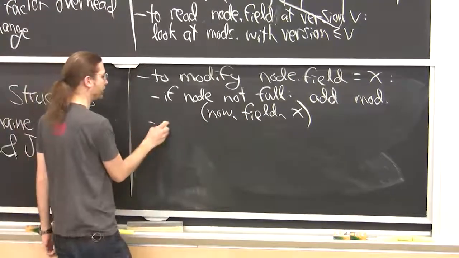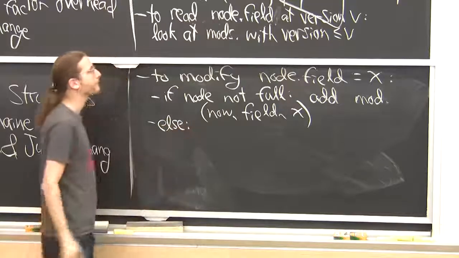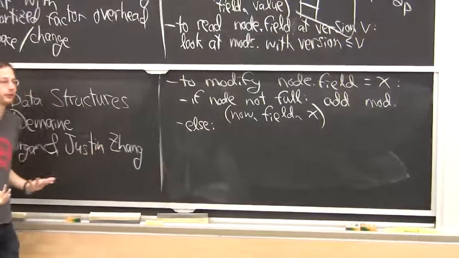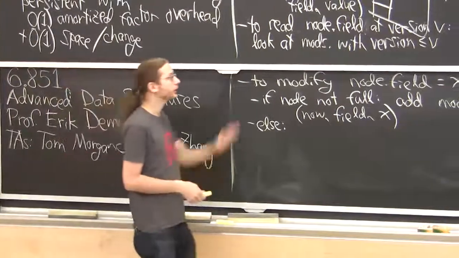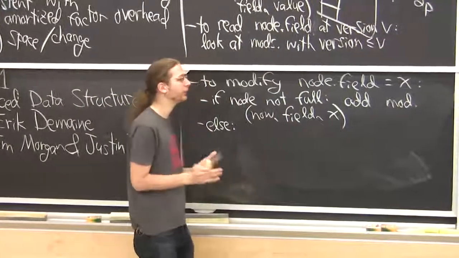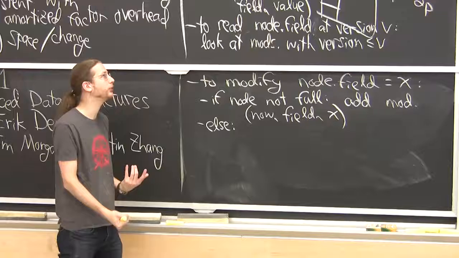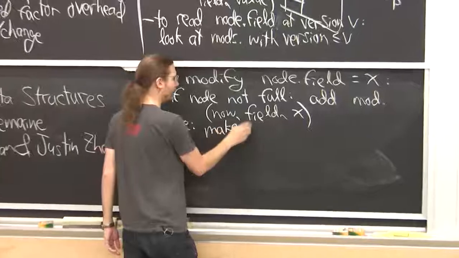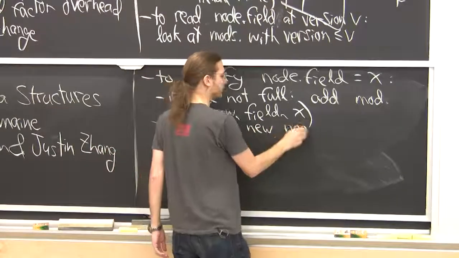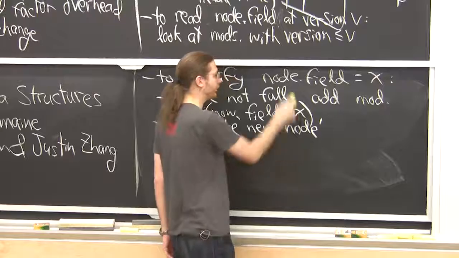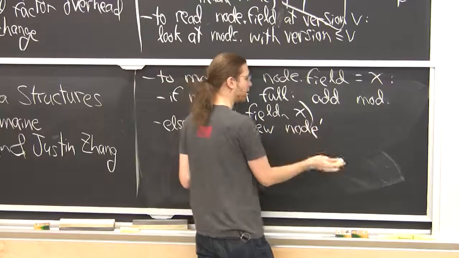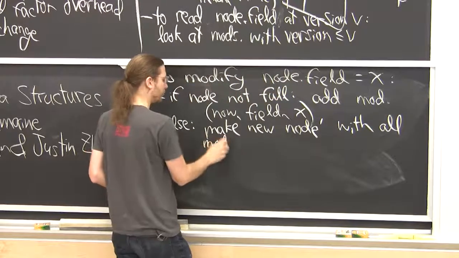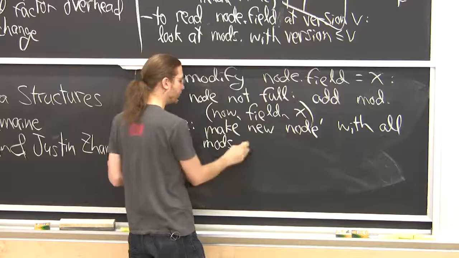The trouble, of course, is if the node is full. The moment you've all been waiting for. What we're going to do here is make a new node. We've run out of space, so we need to make a new node. We're not going to touch the old node, just going to let it sit. It still maintains all those old versions. Now we want a new node that represents the latest and greatest of this node. So make a new node, I'll call it node prime to distinguish it from node, with all the mods and this modification in particular applied.